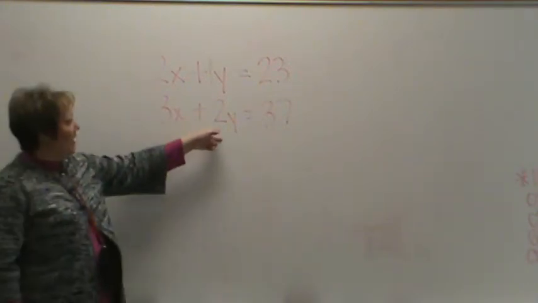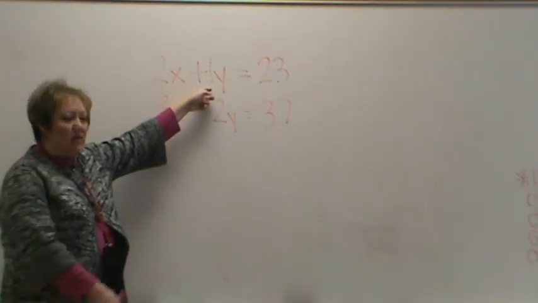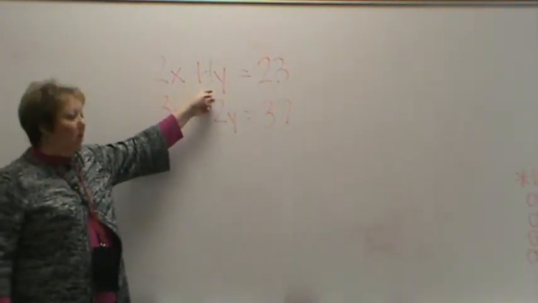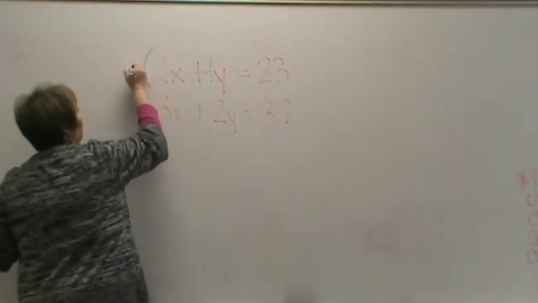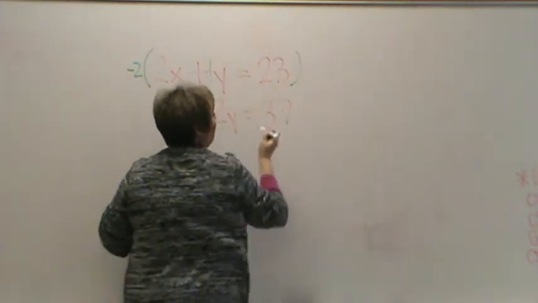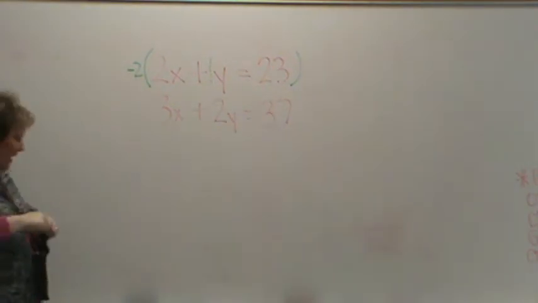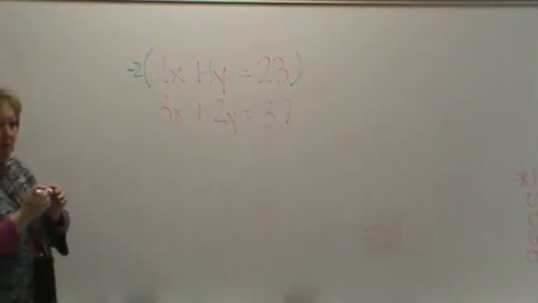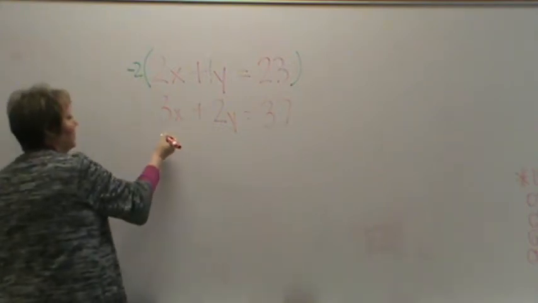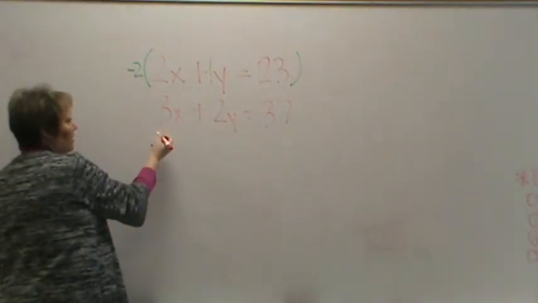Yeah. If I multiply everything in this top equation by negative 2, like Lily's telling me, I'm gonna get a pair of exact opposites. So y'all help me out with the distributive property here. Sometimes I mess it up. What do I get?